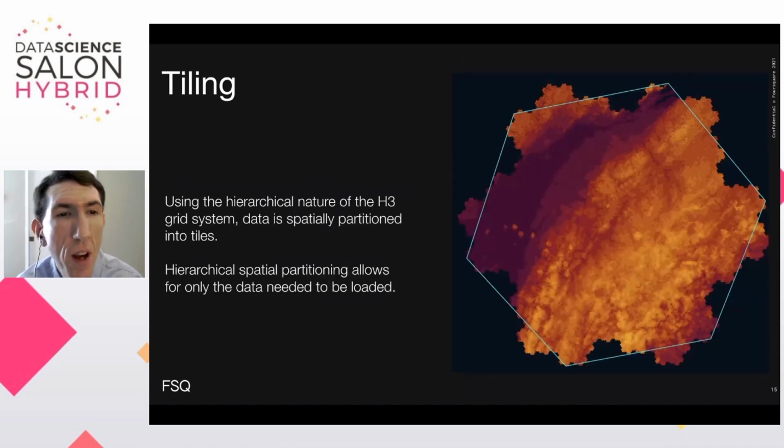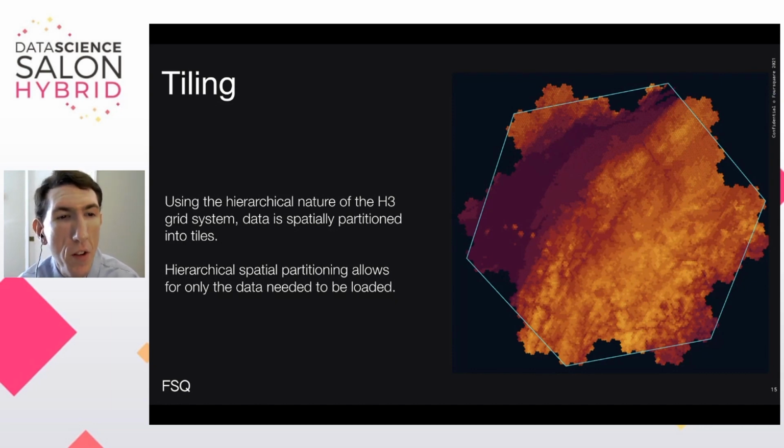Next slide, please. So taking a step back to what a tiling system is, we mentioned that this is really useful for working with very, very large data sets. And what tiling does is it takes our knowledge of some really key points about these geospatial data sets and applies it to the organization of those data sets.